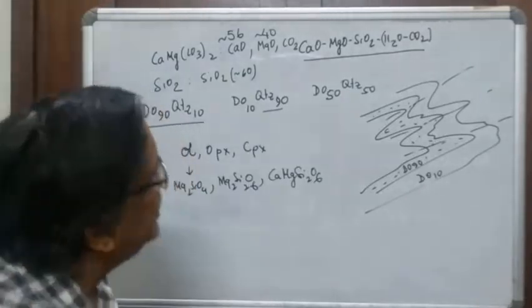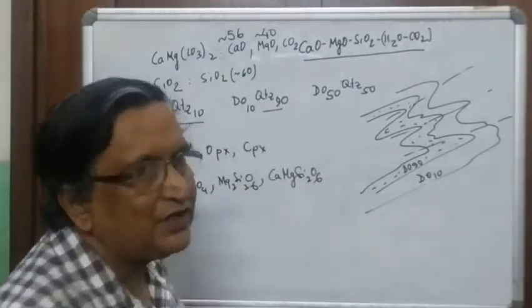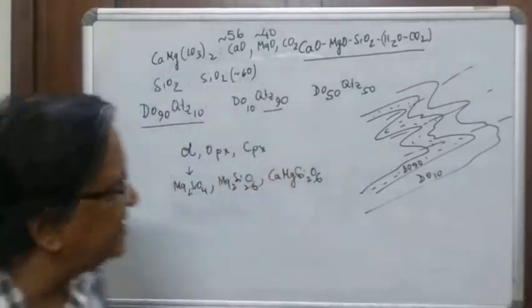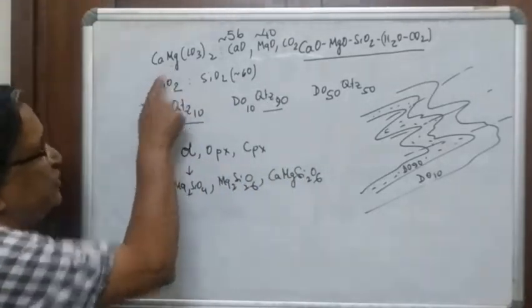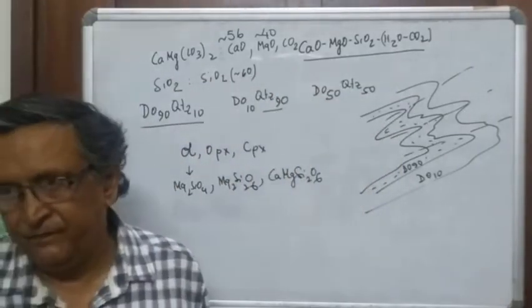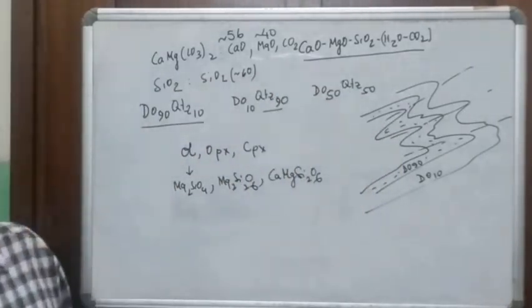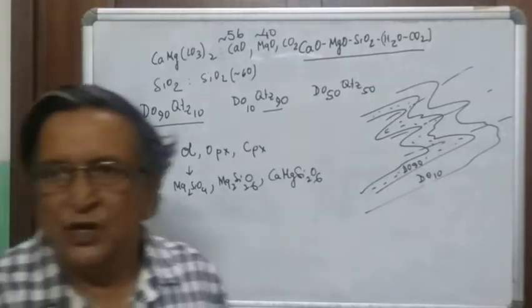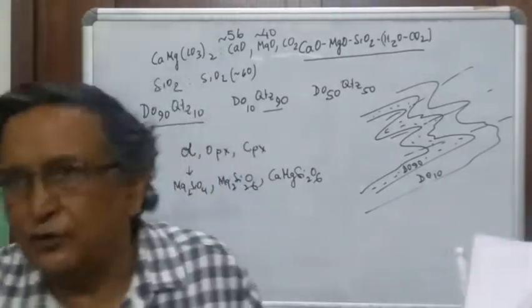But that little iron could also be present in your dolomite quartz assemblage, because it's not that dolomite contains only magnesium, it also contains a little bit of iron, and that's called ankerite. But it's always an approximation that we give you as students when telling you how to do it.